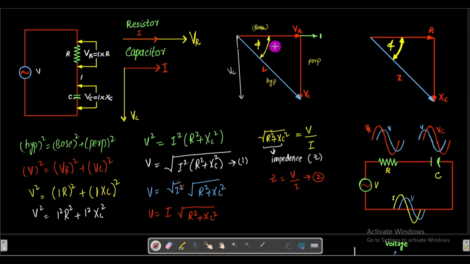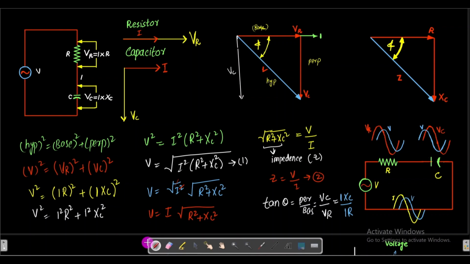After that we will find this phi. Phi is given by tan theta, which is equal to perpendicular by base. The value of the perpendicular is VC, divided by base, and the base is VR. We know from here VC is equal to IXC divided by IR.